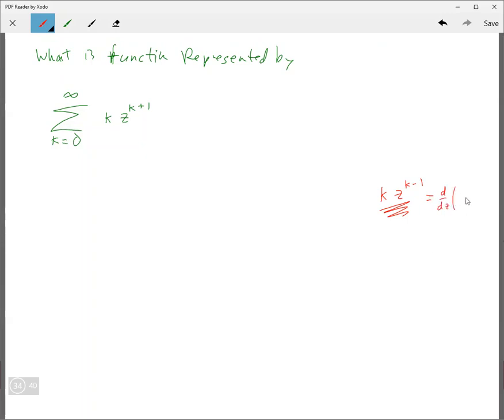Z to the k. That's the derivative of z to the k, right? It's right here. So I can factor z squared out.